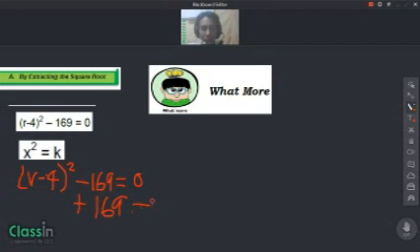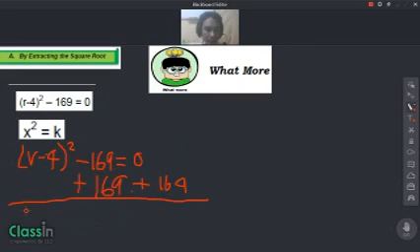And on the other side, we will also add 169. Okay, so this will become now r minus 4 squared. So negative 169 and positive 169 is cancelled. Nice. It is now 0, and 0 plus 169 is 169.